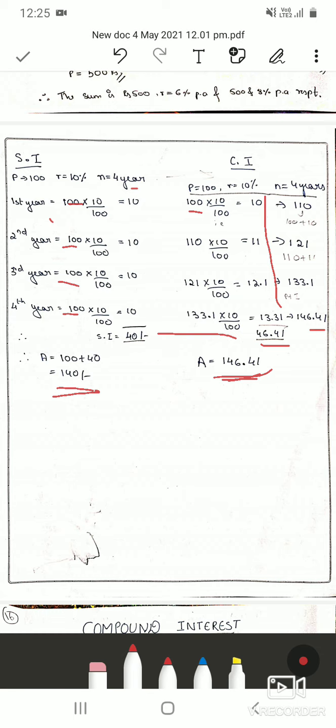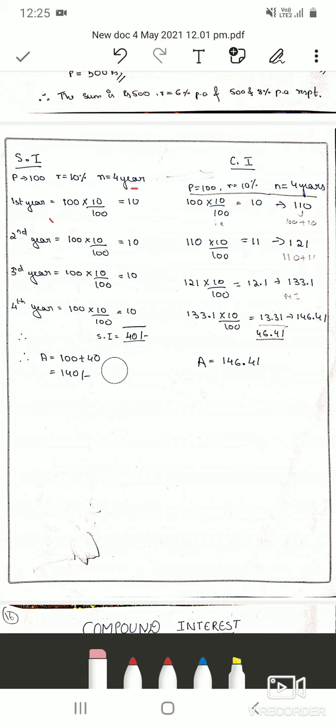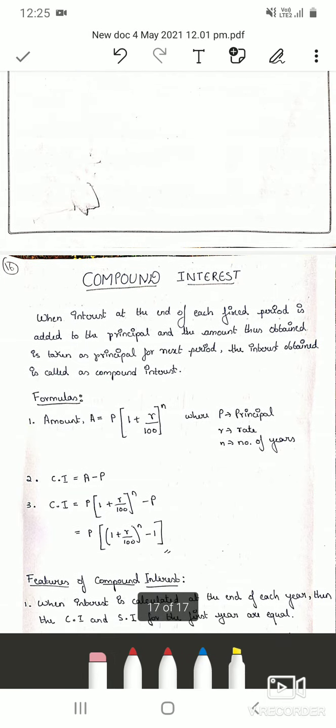But in the case of compound interest, the principal amount keeps on changing and the interest also increases every year. So here it is 10, then it is increasing by 1 rupee, then again it is increasing by 1.1 rupees. So compound interest is used a lot. Now we will see the formula.